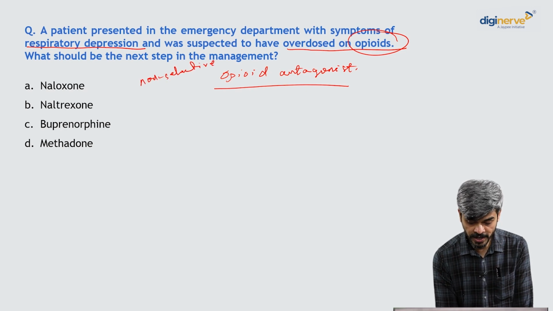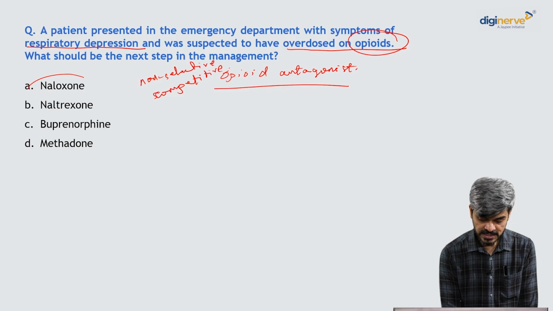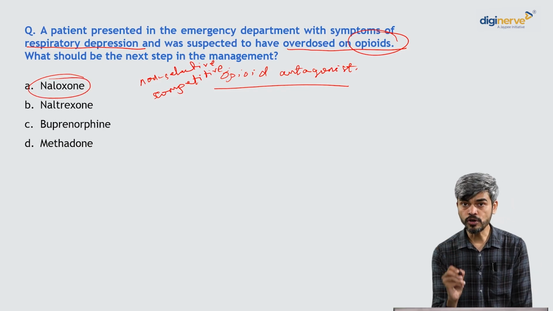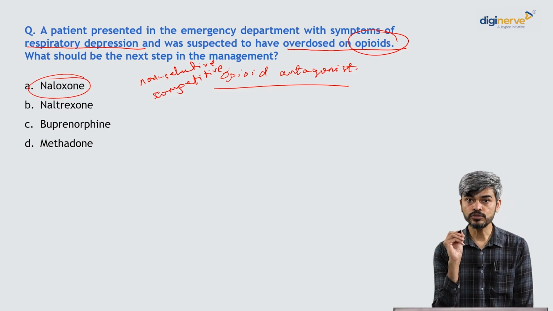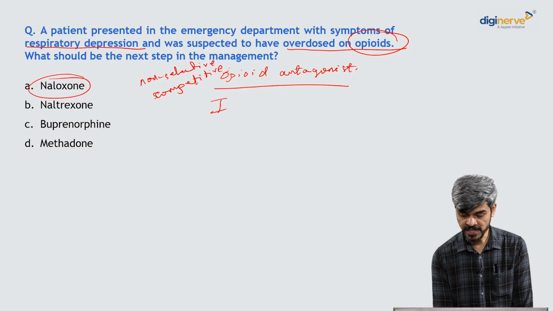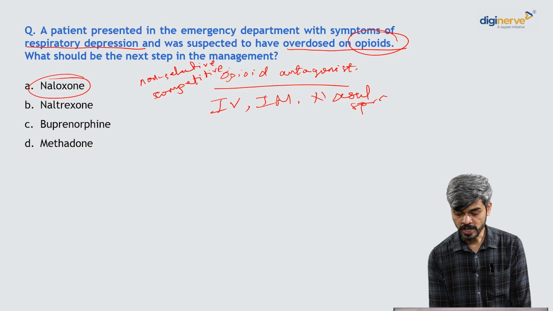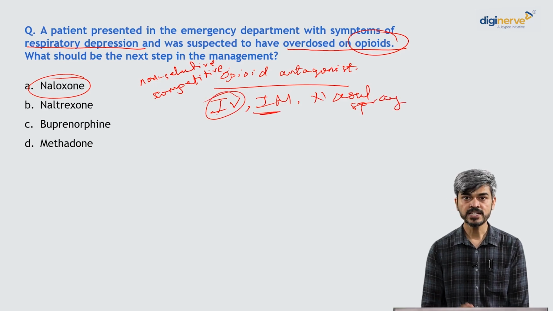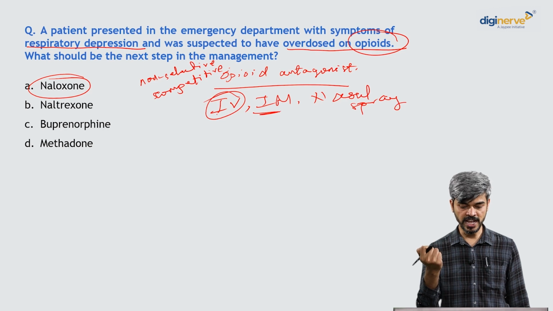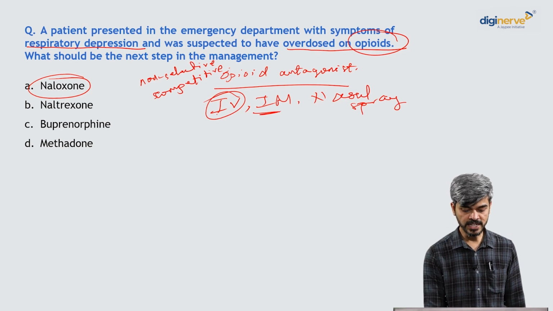Which one would it be? The answer is naloxone. Naloxone works through IV, IM, or as a nasal spray. You cannot give it as a tablet. It works very quickly, within a few minutes, if you give IV or IM. It comes as a preloaded syringe. So naloxone is the right answer.